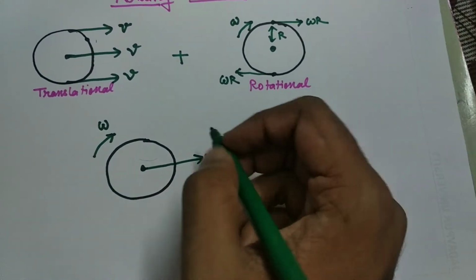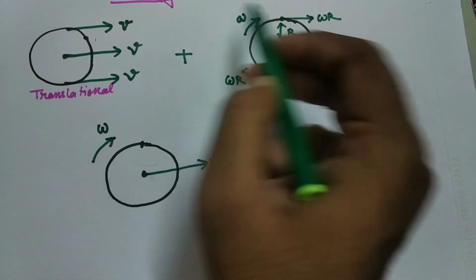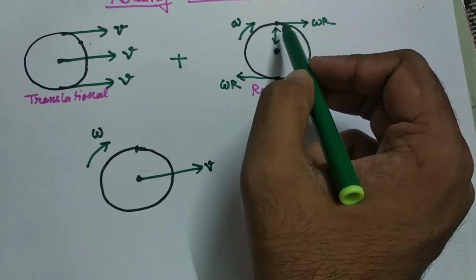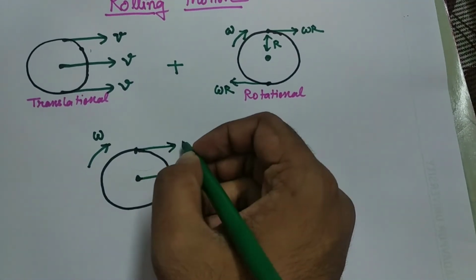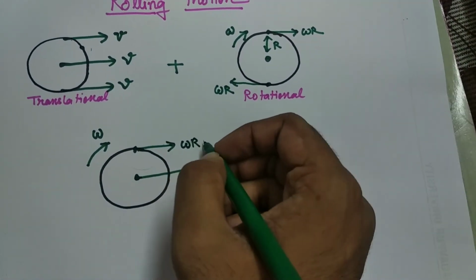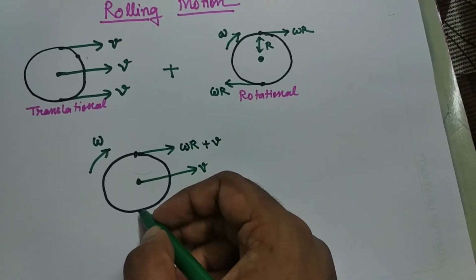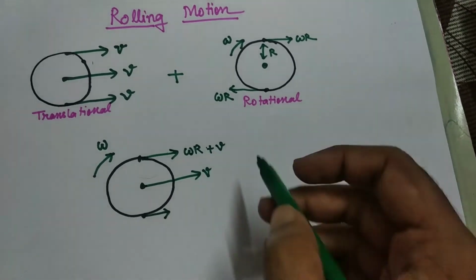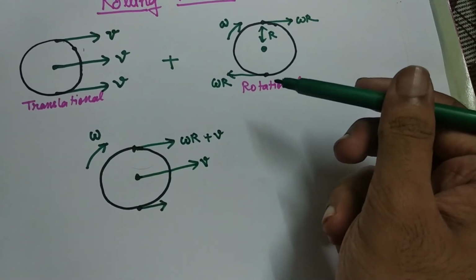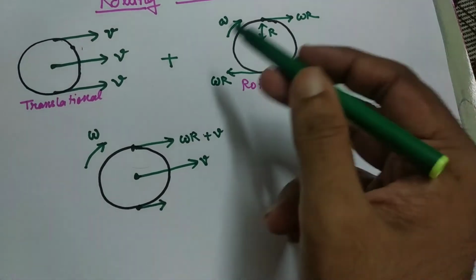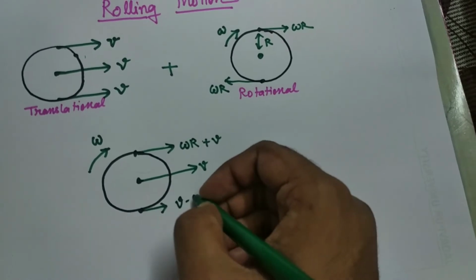At the topmost point the velocity is v, and the linear velocity due to rotation is omega r in the same direction. So we can add them: omega r plus v. And here also the velocity is v, but the linear velocity due to rotation, omega r, is in the opposite direction. So it will be v minus omega r.